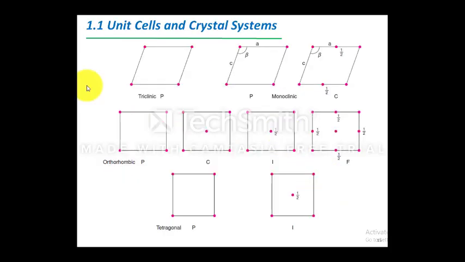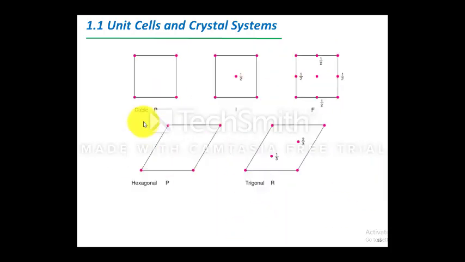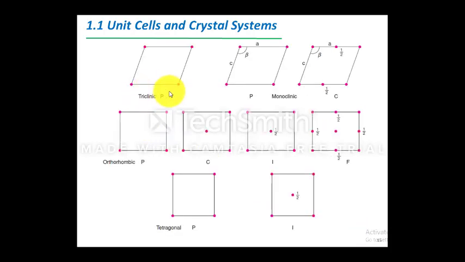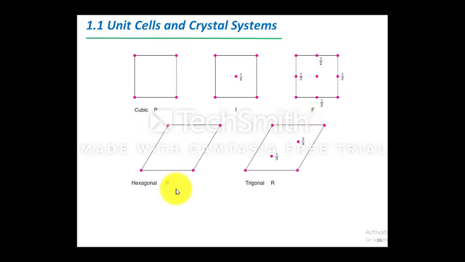Here are the 7 crystal systems with their Bravais lattices, the letters P, C, I, F, and so on. You can see again for triclinic it is only of P type, monoclinic P and C, orthorhombic P, C, I, F, and similarly tetragonal is P and I, and for cubic P, I, F, hexagonal is P and trigonal is R. So these are the 14 Bravais lattices which we have discussed earlier in table 1.1.